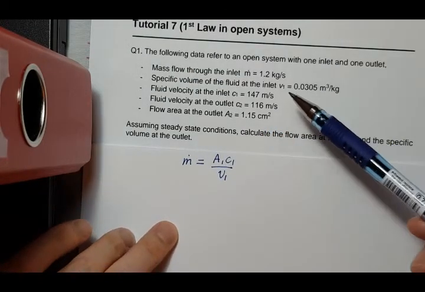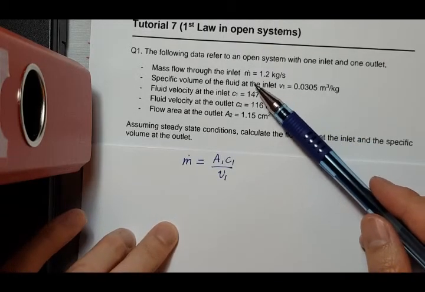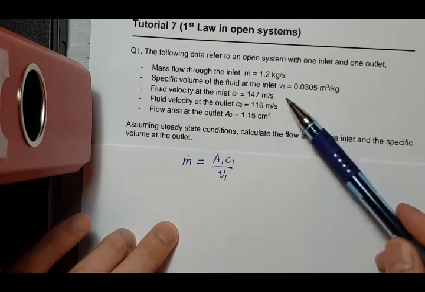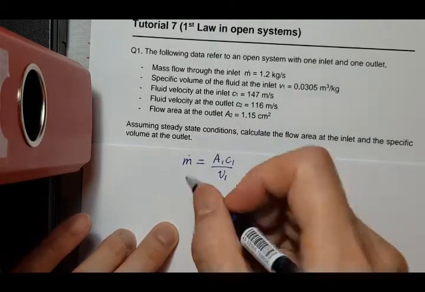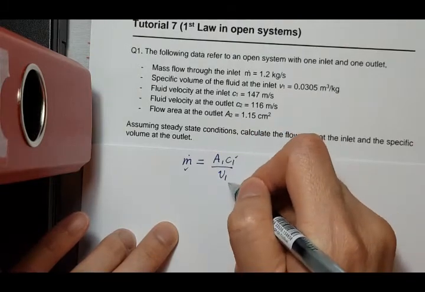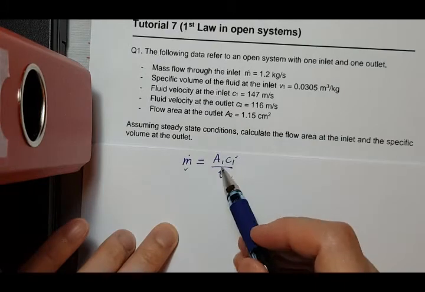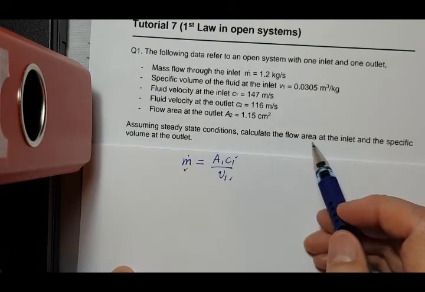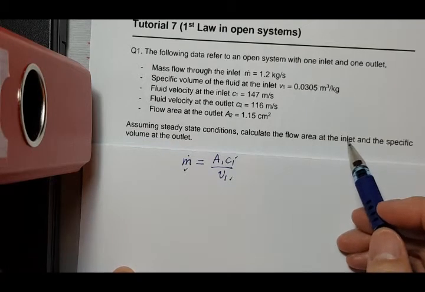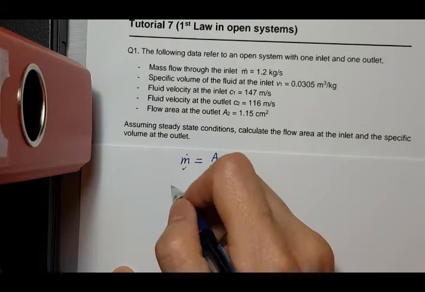If we have a look at all the variables here, m dot has been given, c1 and v1 as well, but A1 has not been given. So this is exactly what you need to calculate: the flow area at the inlet, that's A1. So that we can calculate A1.